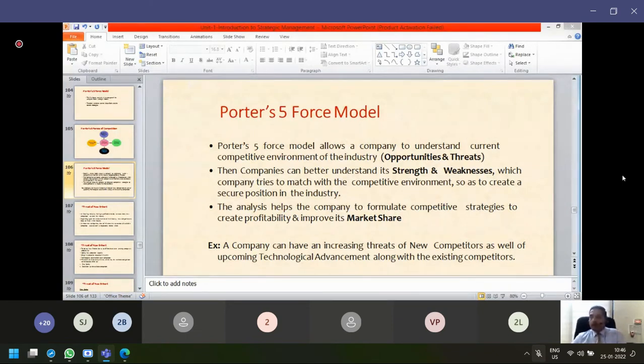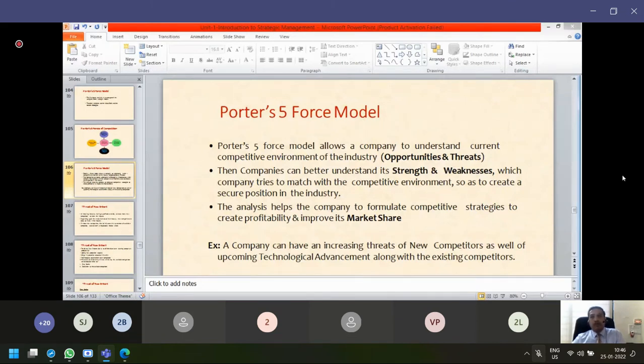For a particular industry, we are able to understand what the competitive forces are and what the different opportunities and threats are in that environment. Then companies can better understand their strengths and weaknesses, which the company tries to match with the competitive environment so as to create a secure position in the industry.